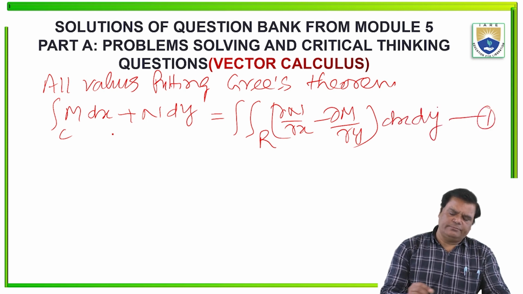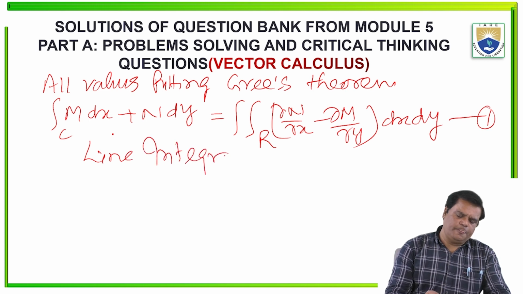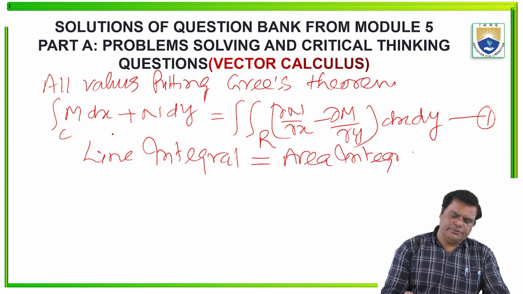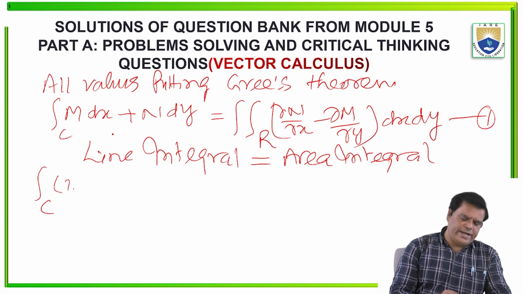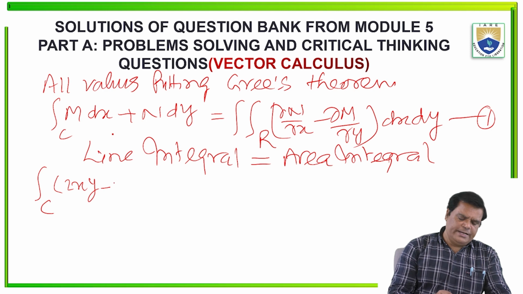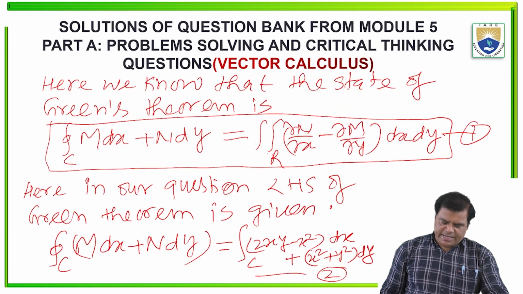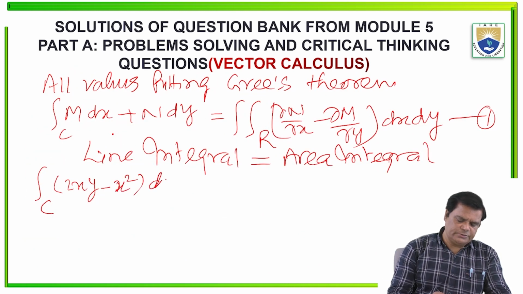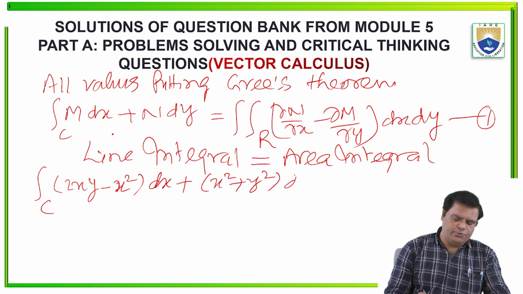This is equation 1, line integral equal to area integral. Here the given line integral over C is (2xy minus x square) dx plus (x square plus y square) dy.